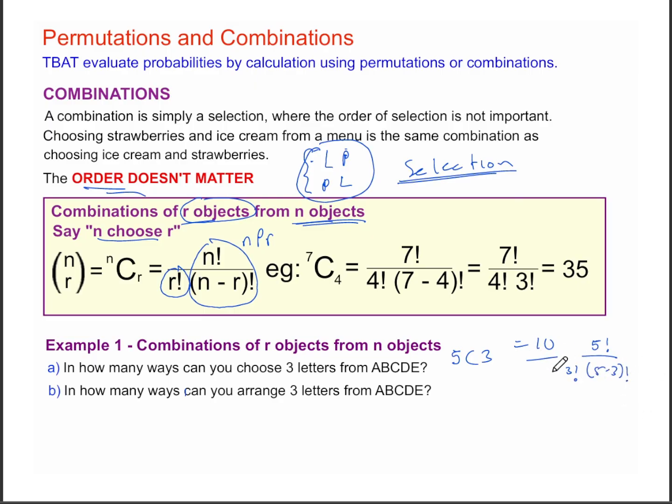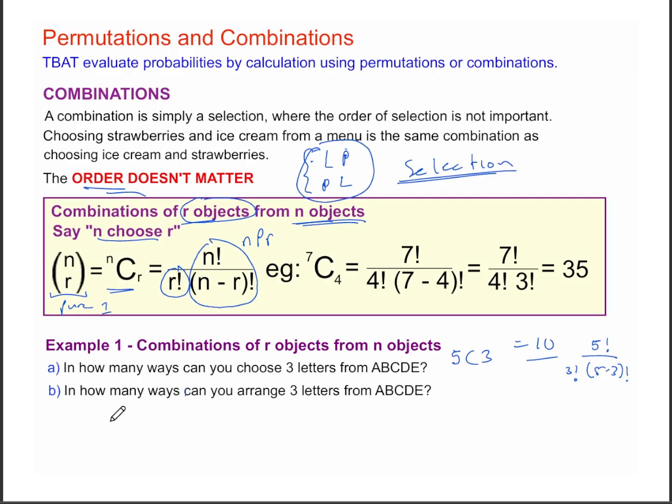That gives you 10. This, by the way, the nCr can also be represented as a bracket, as we have seen in the Pure 1 topic of binomial expansion. We see this introduced there as well.